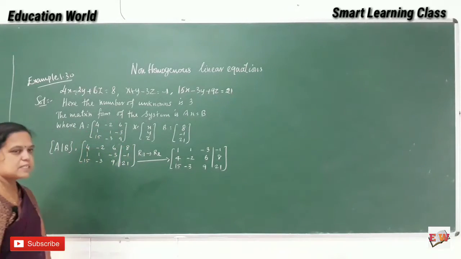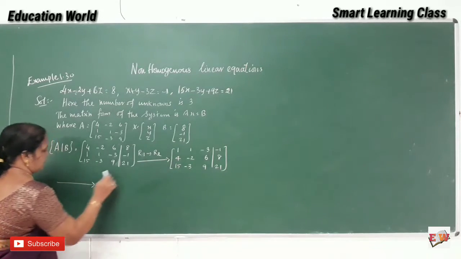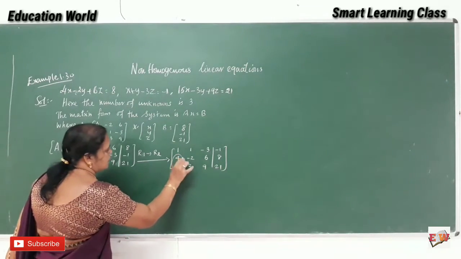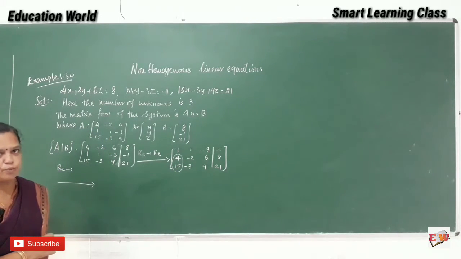Next step, what I am going to do now: our aim is to bring these two entries to be 0.